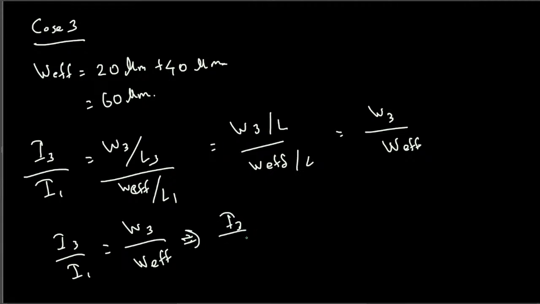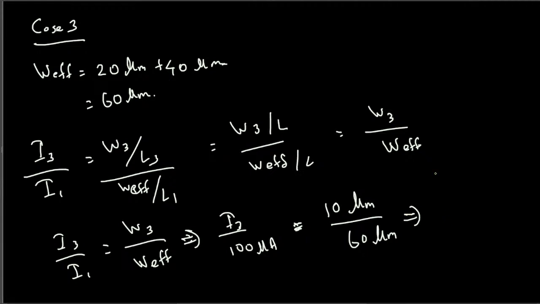Therefore I3 over I1 is equal to W3 over W efficient, and let's plug in all the values. I3 over I1 is 100 microampere. And W3: if we choose 20 and 40, the one left is 10 micrometer, so that's the one that comes right here, 10 micrometer divided by 60 micrometer. So this is 10 over 60, that's 1 over 6 times 100.